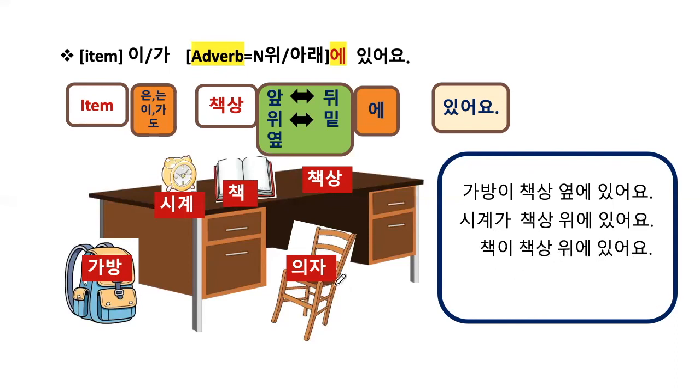Then where's the chair? 의자가 어디 있어요? 의자가 책상 앞에, in front of, 앞에 있어요. 의자가 책상 앞에 있어요.